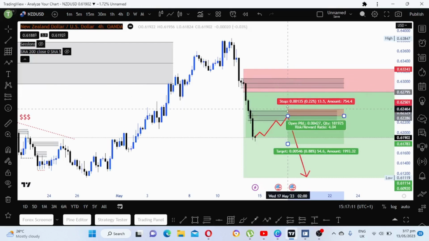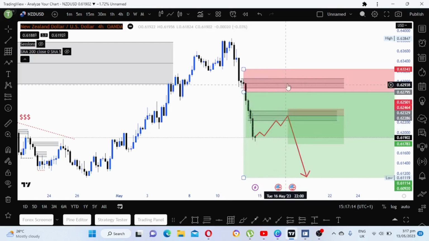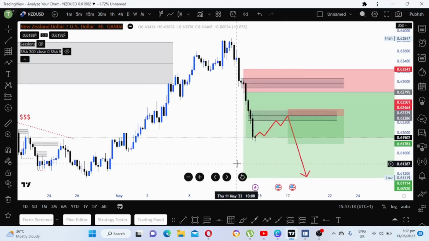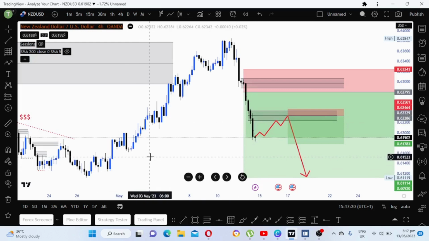Or if price doesn't reverse in this zone, we wait for price to come back at this zone, then we sell here again. Targeting this low, which is here.